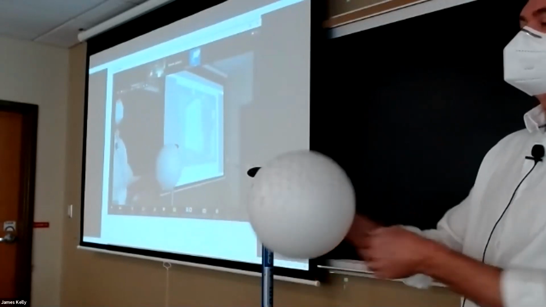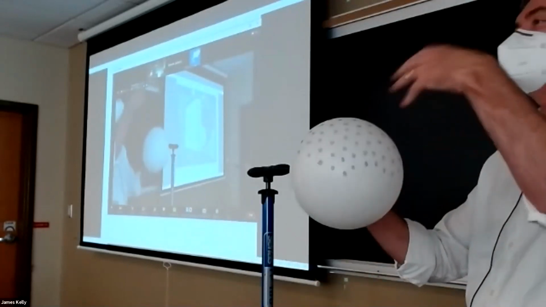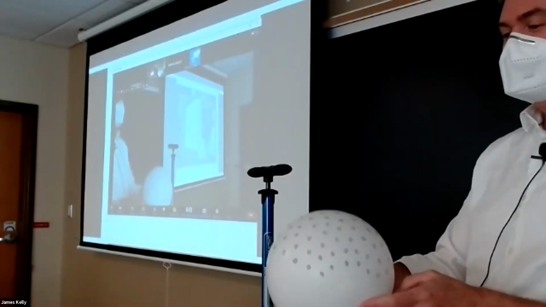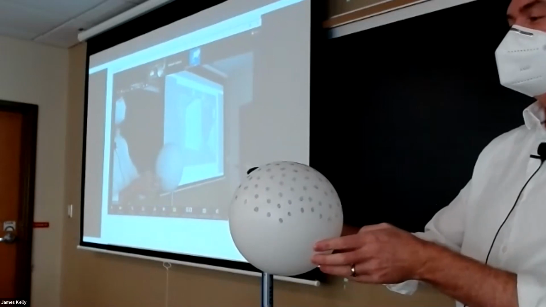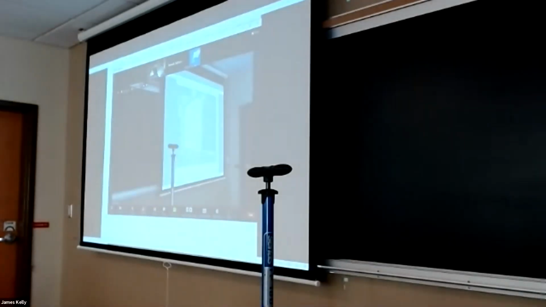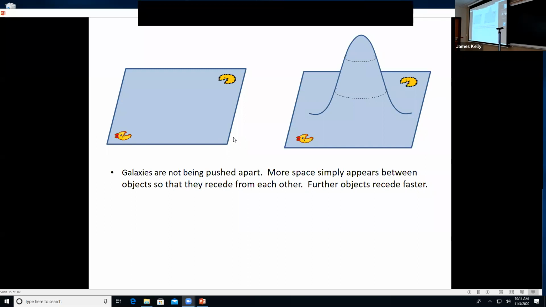Again, this is not a space-time picture. You have to sort of add the time element in. There's no convenient way to draw this whole picture in one space-time diagram here. Okay, I think I had some comments on here, so let me share the screen again. Yeah, so galaxies are not being pushed apart.